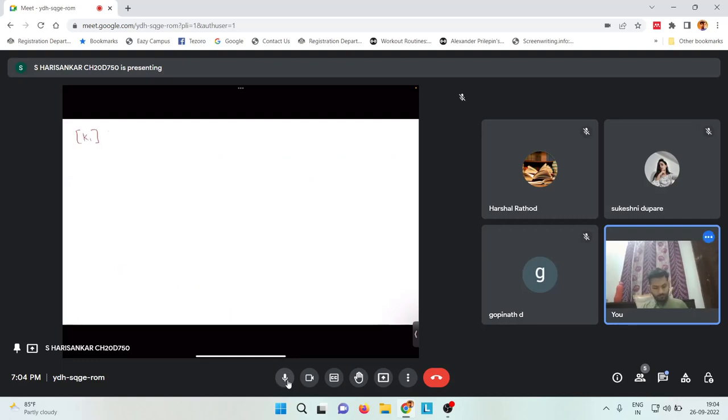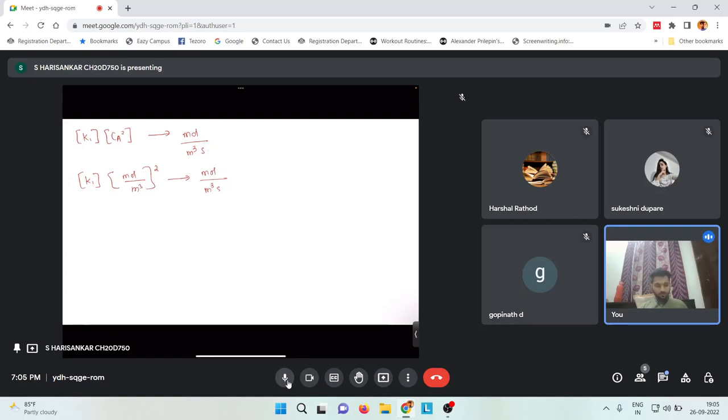K1 Ca square should be mole per meter cube second. So K1 into mole per meter cube the whole square will be mole per meter cube second.